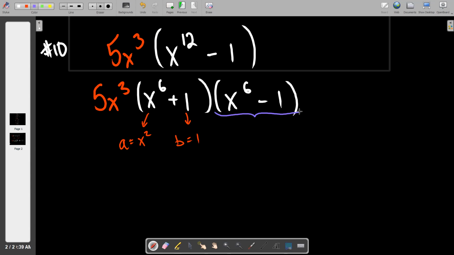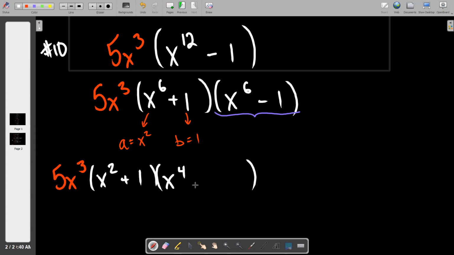So now we're going to keep our 5x to the third, and then we'll short set, long set, attack these cubes. B is x squared plus 1. C is x to the 4th minus x squared plus 1. And then let's talk about that purple thing up there.